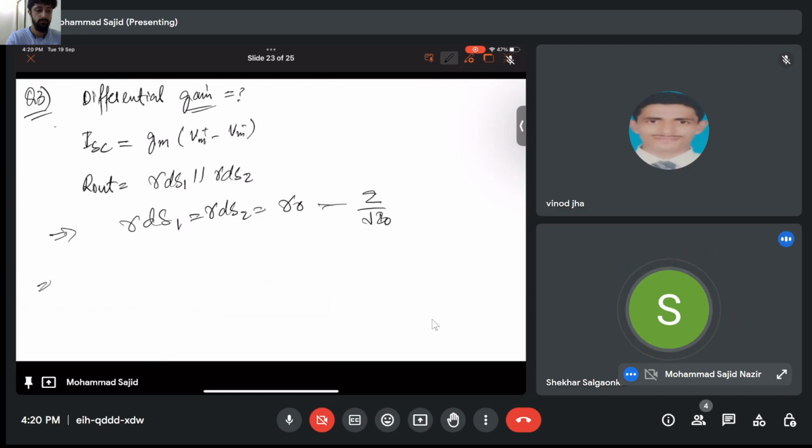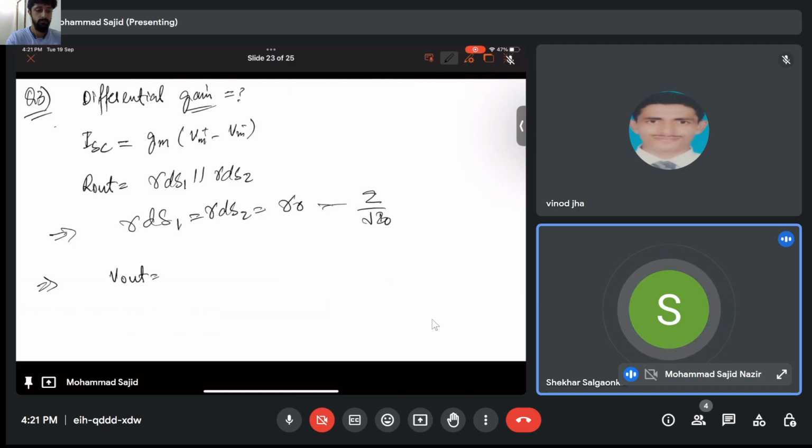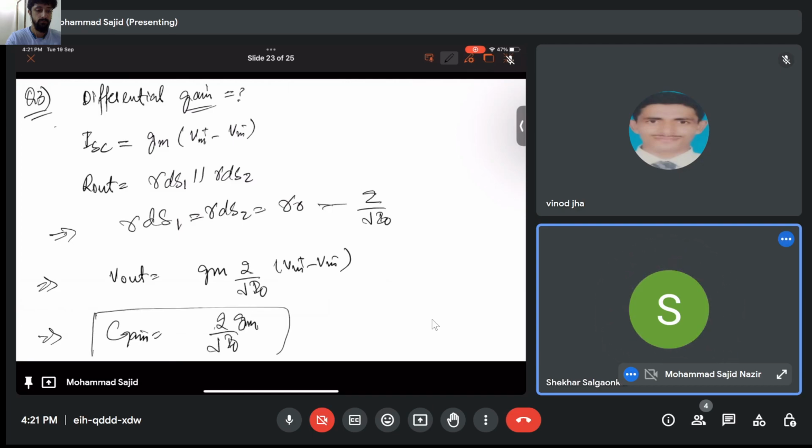So your V output is GM times 2 by lambda I naught times (V plus minus V minus). So the gain is simply 2 by lambda I naught times GM. This is how we can directly calculate the gain.